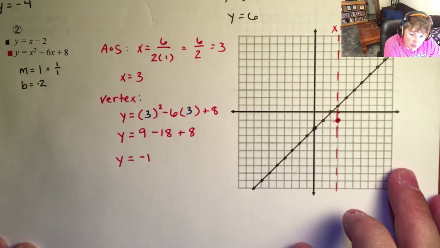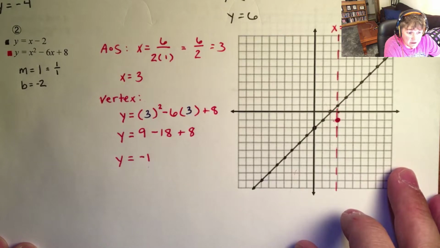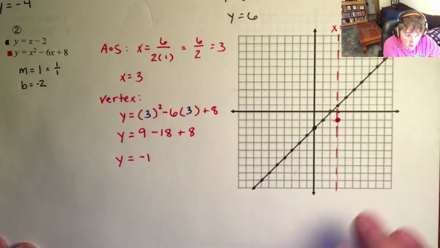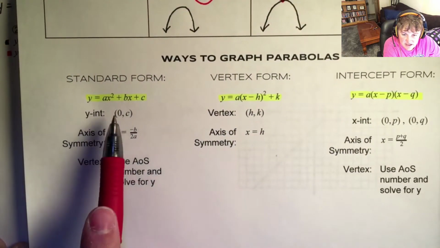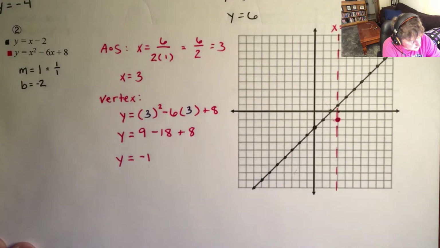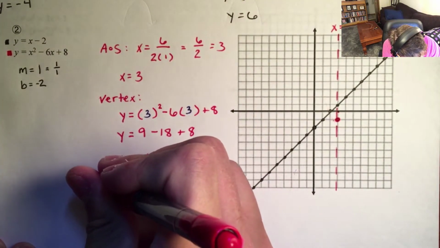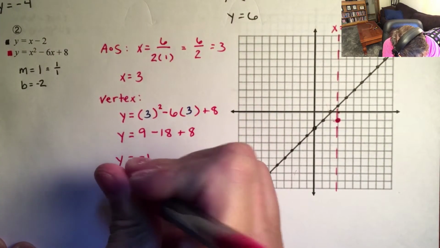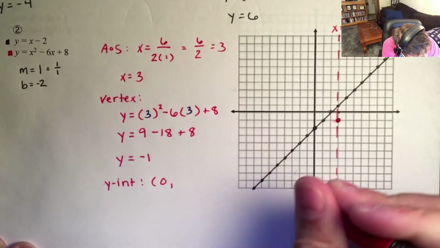Okay, so let's go ahead and find our freebie point. Our freebie point is 0, comma C. 0, comma whatever my C value is, that's the y-intercept. So here I'm going to get my y-intercept, which is going to be 0, comma 8.